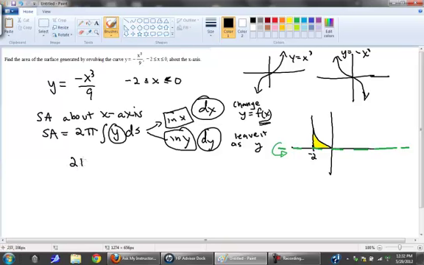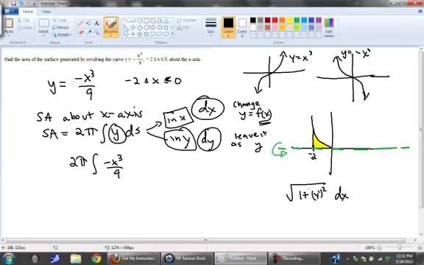So 2 pi, the integral. We'll figure out the limits in x in a second. And we put the function f of x. And then ds is the part of arc length. It's the square root of 1 plus y prime quantity squared dx.